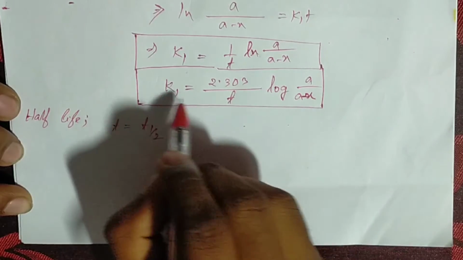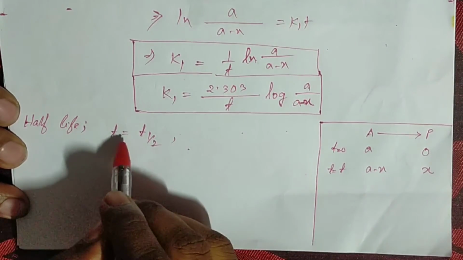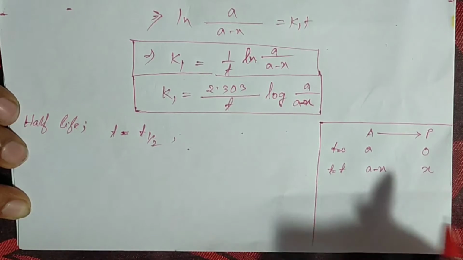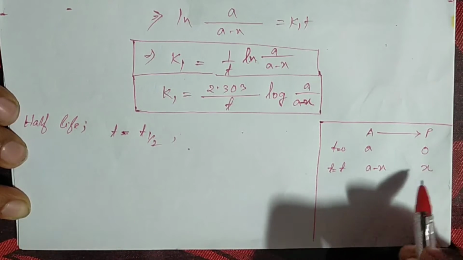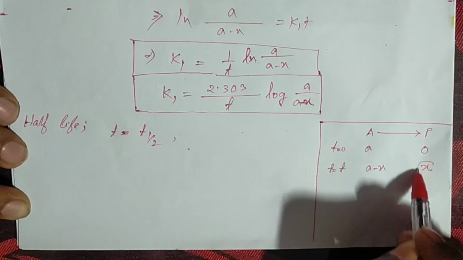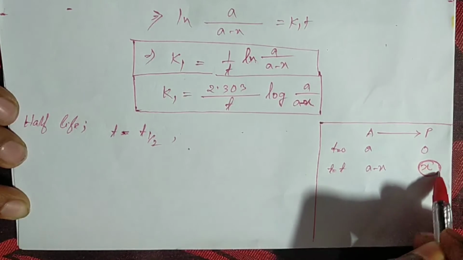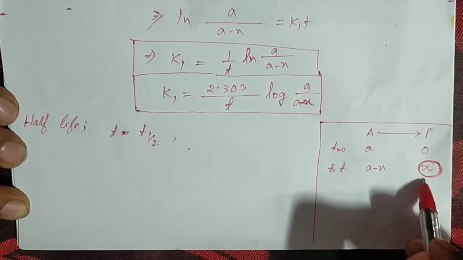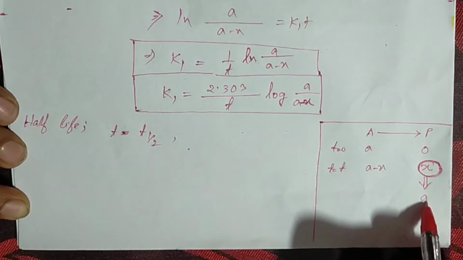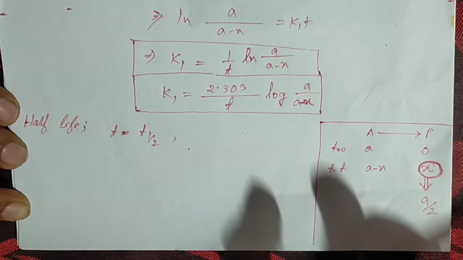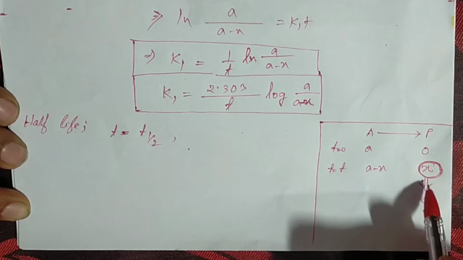At that moment, the amount of reactant converted to product will be a by 2, so half of the reactant will be converted to product.